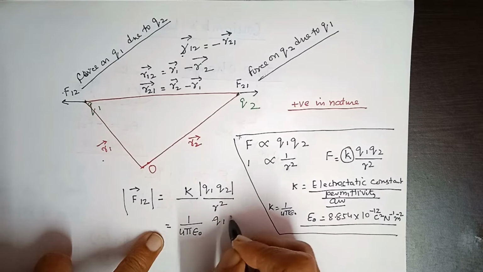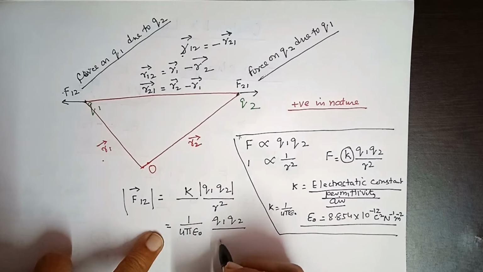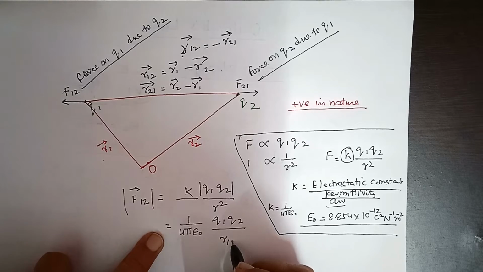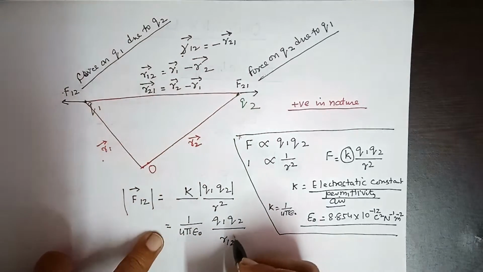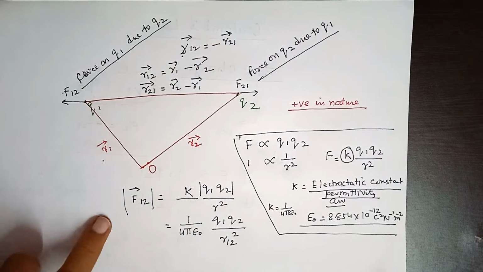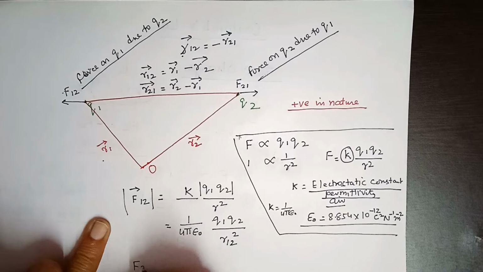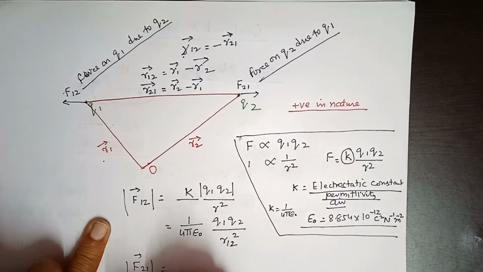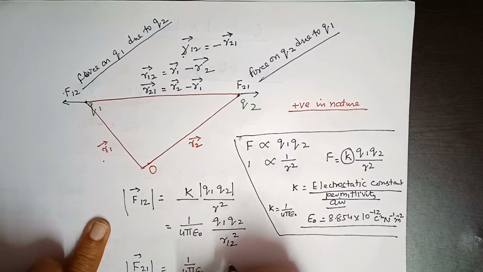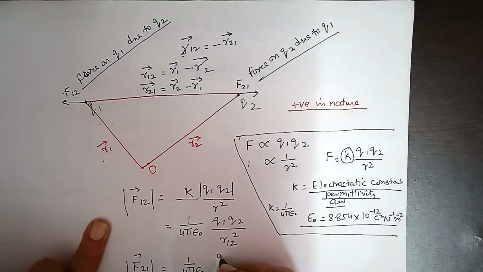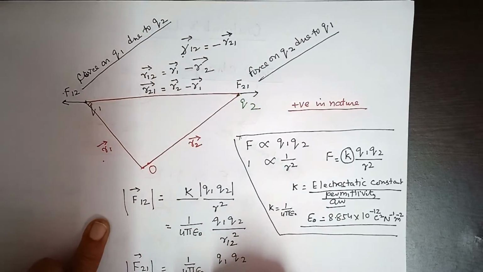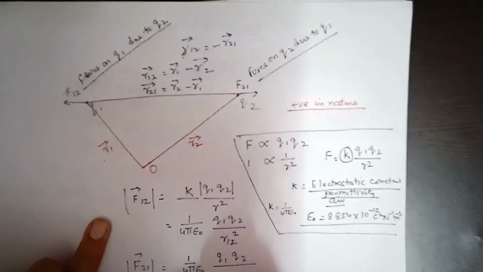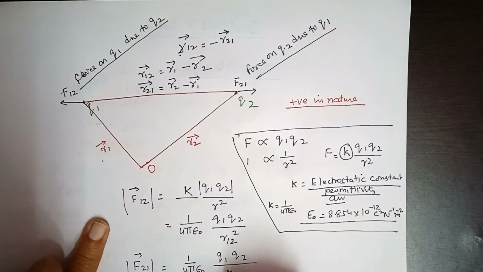So F12 is 1 by 4 pi epsilon naught, Q1 Q2 divided by R12 square. And similarly F21 will be 1 by 4 pi epsilon naught, Q1 Q2 divided by R21 square.